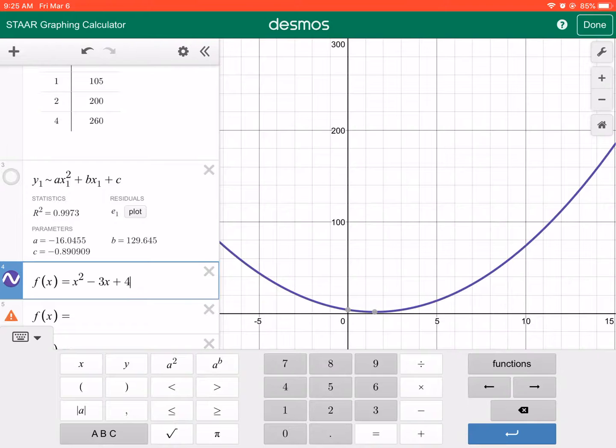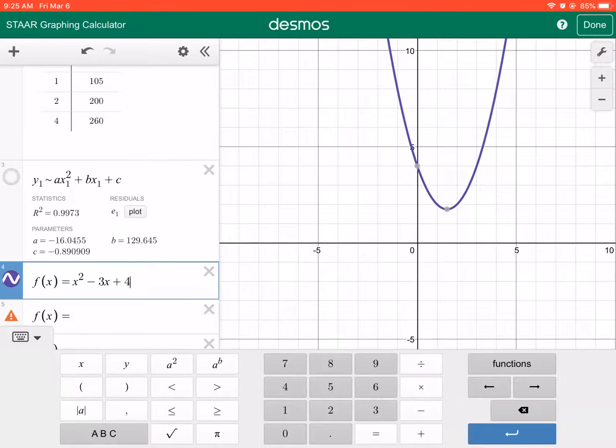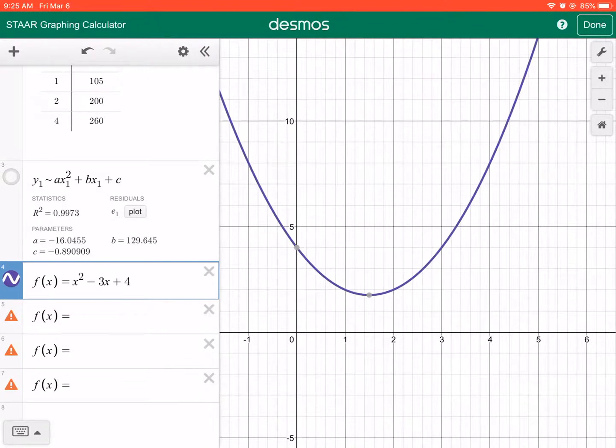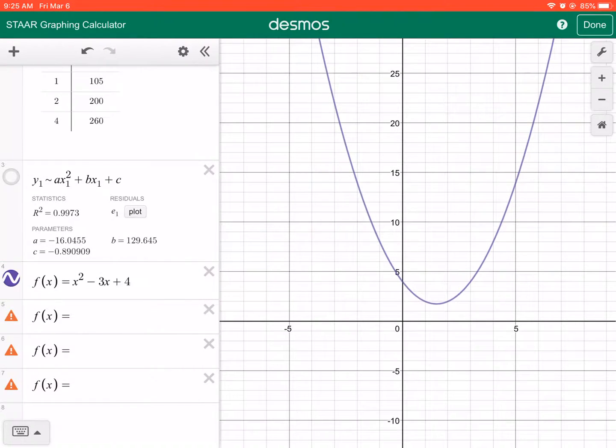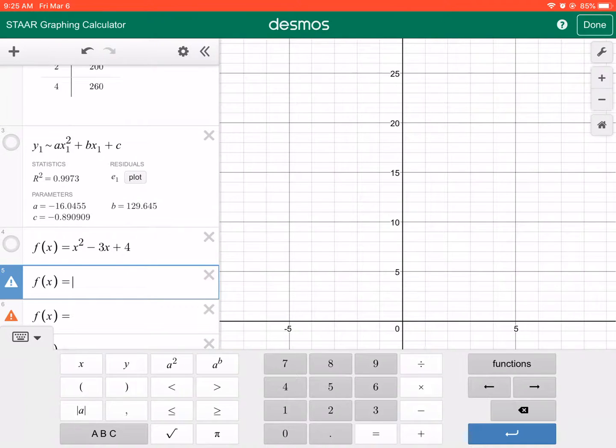All right, so I'm going to zoom back in, and then I'm going to tap on my vertex. Okay, and we want to try to match it to the graph. This graph has a vertex that's in the top right quadrant, quadrant 1.